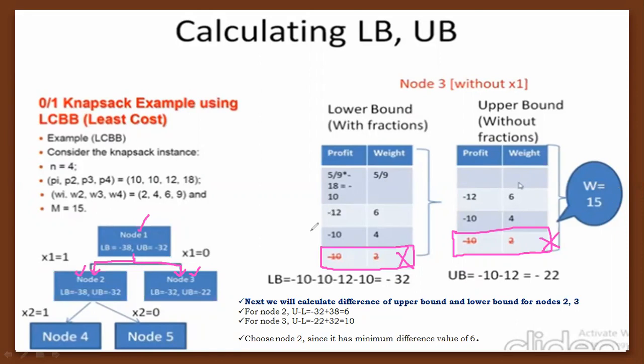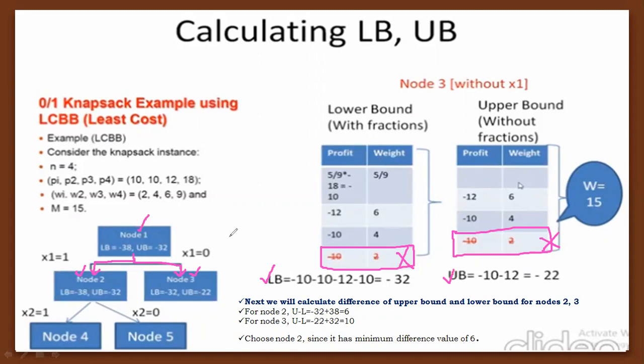So here now you need to calculate the lower bound and upper bound. How to calculate the lower bound? Sum of Pi Xi. Add all the weights, so the weight cannot exceed 15. Here add all the profits.